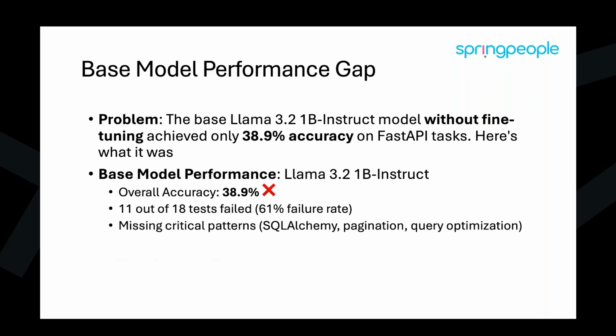Okay, so now let's look at the performance of the base model. When I say performance, we are evaluating this base model on code generation for FastAPI. That's what we are trying to tackle. The base model, which is the Llama 1B instruct model, without fine tuning, achieves just 40% on the FastAPI task.